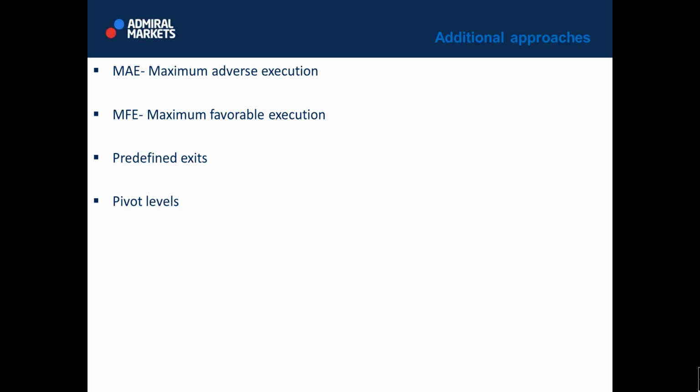Now, obviously, when we talk about predefined exits, I will move on to these two very important things after I finish with this. So predefined exits, guys: the most popular way traders exit trades simply involves thinking of an arbitrary number of pips or a dollar value and then closing the trade when it hits that level.